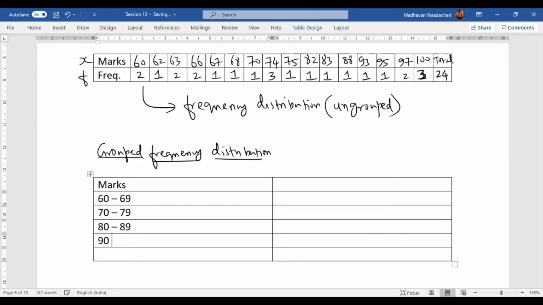Oh, I should have made one more. Okay, no problem. Take 99. Then I'll have one more for 100. So here I will write frequency. 60 to 69, how many are there?